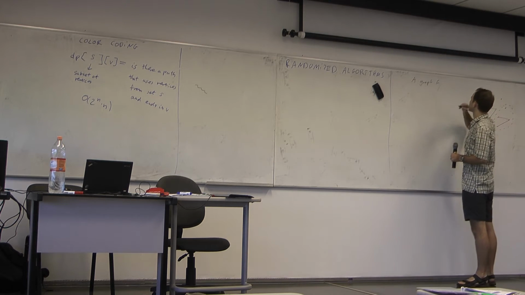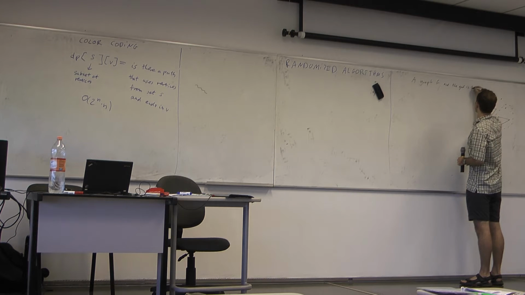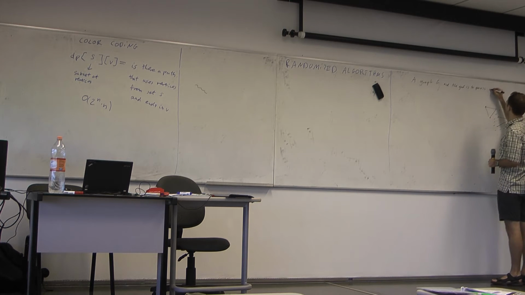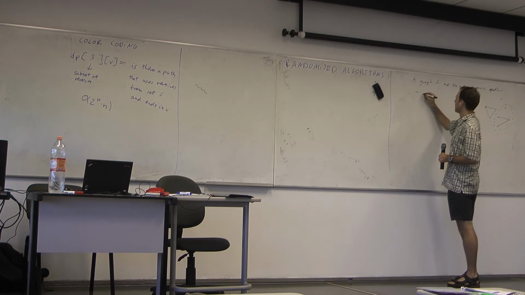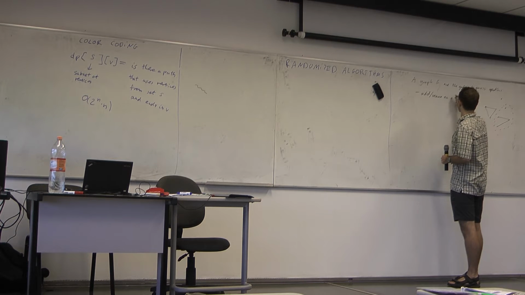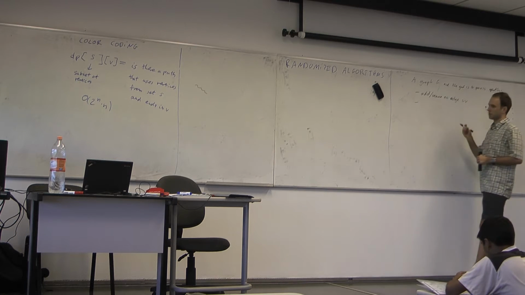So we have a graph G, and the goal is to process operations. The operations are add or remove an edge from U to V. It's one type of operation.